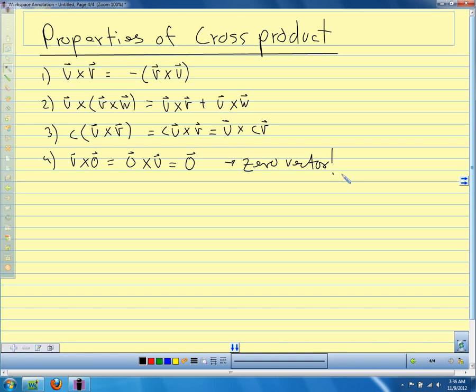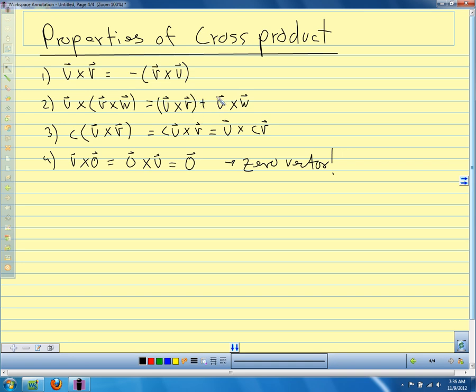Question? For the distributive property, it's not the distributive property unless that's a plus.